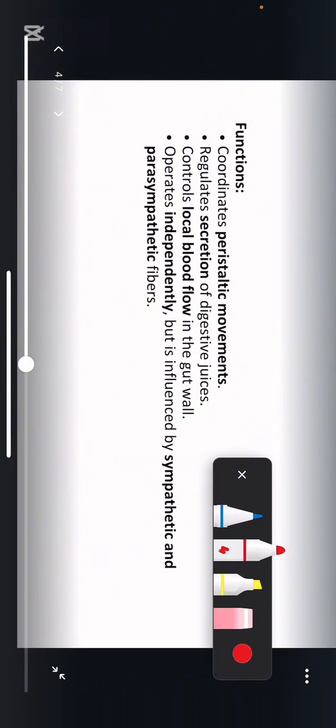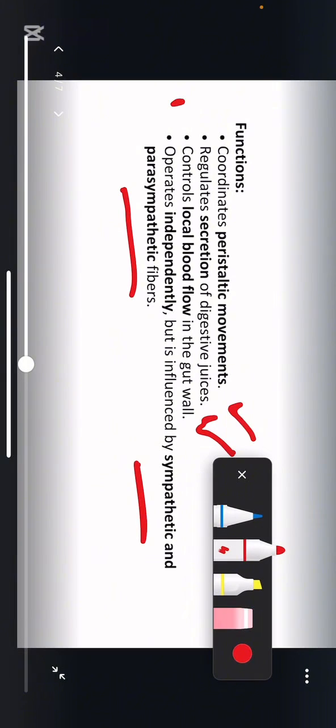The next thing is the function. What does the enteric nervous system do? It coordinates peristaltic movements, and secretions, local blood flow, operates independently but is influenced by the sympathetic and parasympathetic fibers.